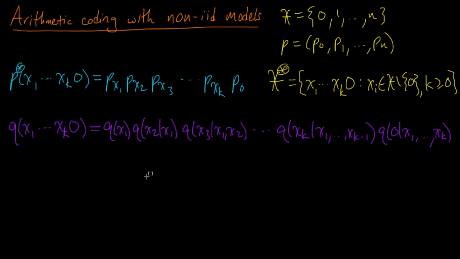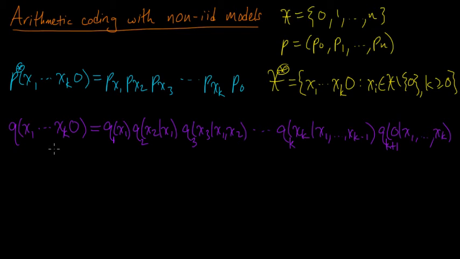This is sometimes known as the chain rule for probabilities, but something a little different in this context is that it's over variable length sequences. It's a little different, but it still works. To be precise, since these are different conditional probability distributions, I should annotate them: q1 of x1, q2 of x2 given x1, q3, and so forth, up to q(k+1).